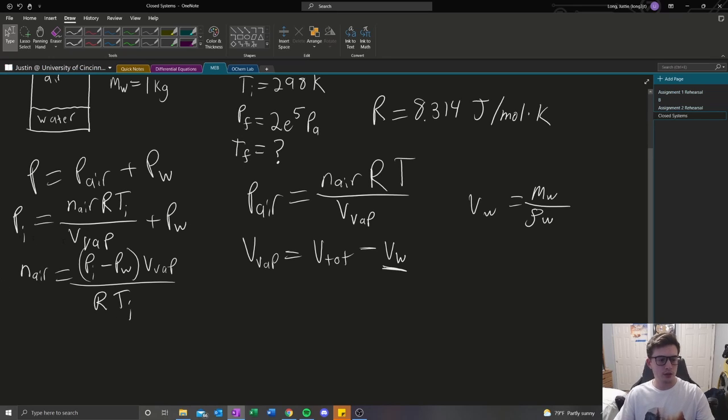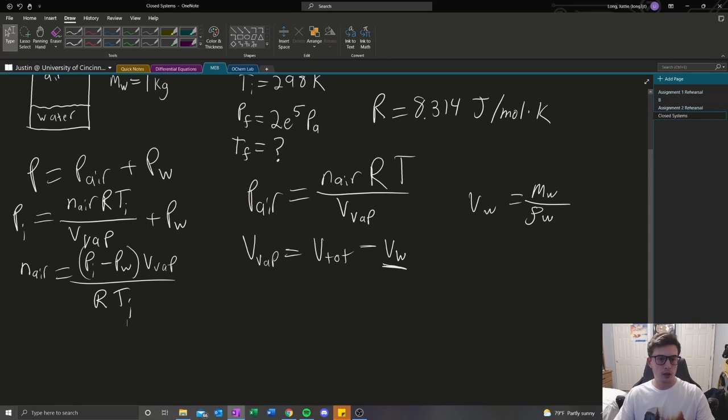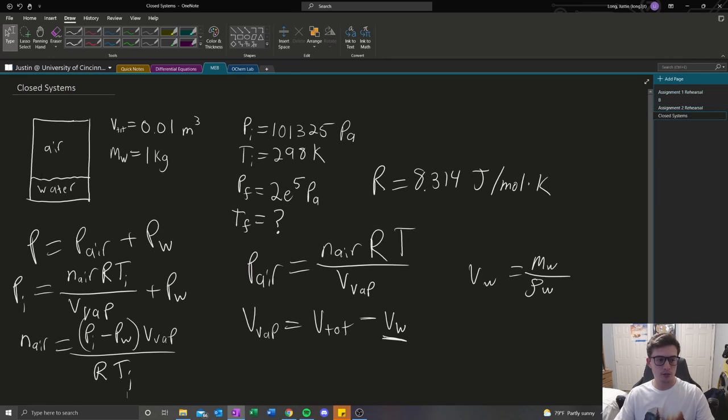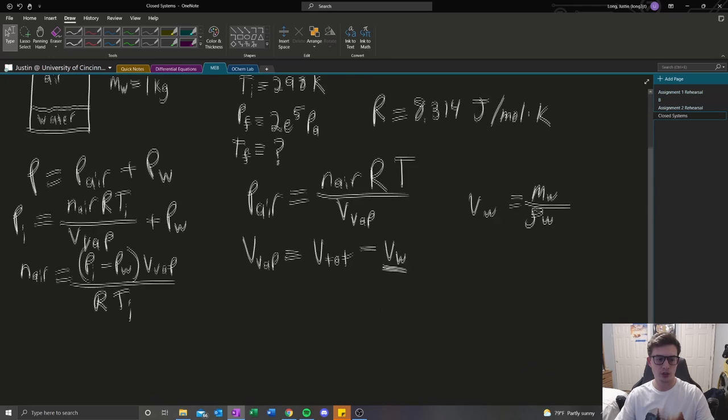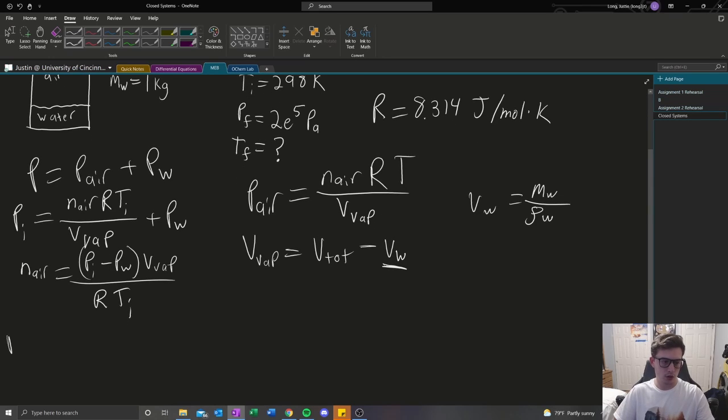And so now that we solved for the number of moles of air, and because it's a closed system, nothing's going in, nothing's going out, we can go ahead and do the same process but with our final pressure. So the pressure is equal to the number of moles of air times our gas constant times the final temperature over the volume of the vapor pressure, plus the partial pressure of the water.